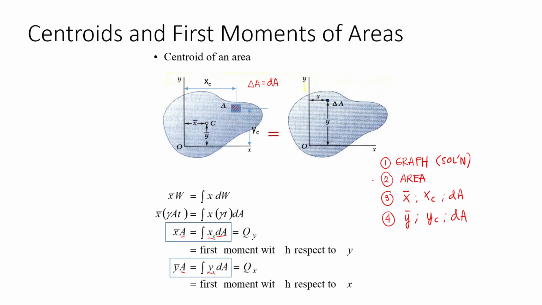So a short tip here before we go to the example: for steps 2 to 4, you're only going to utilize one method of strip. If you want to use a vertical strip, then for steps 3 and 4 you have to use vertical strip as well. Or if you want to use horizontal strip, then from steps 2 to 4, it's purely horizontal strip. So you need to choose one.